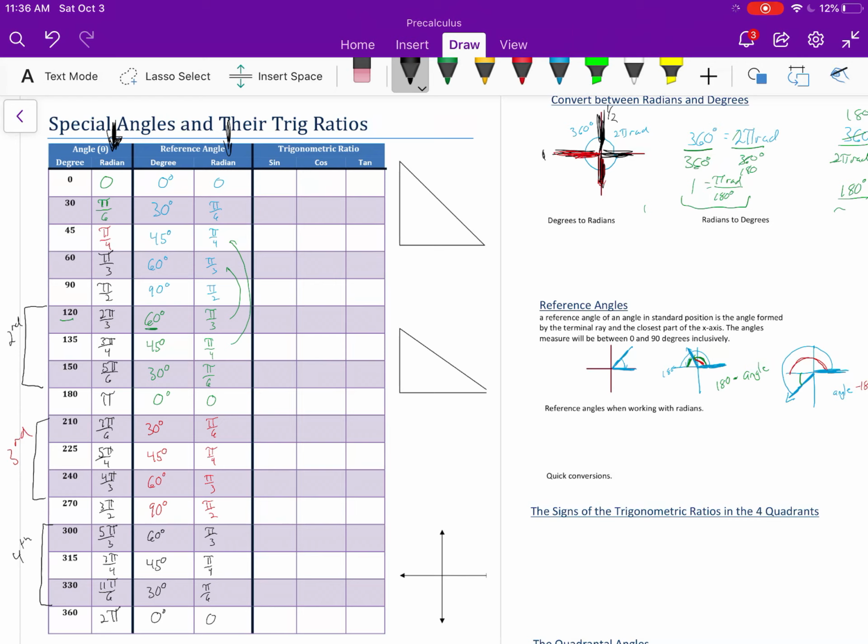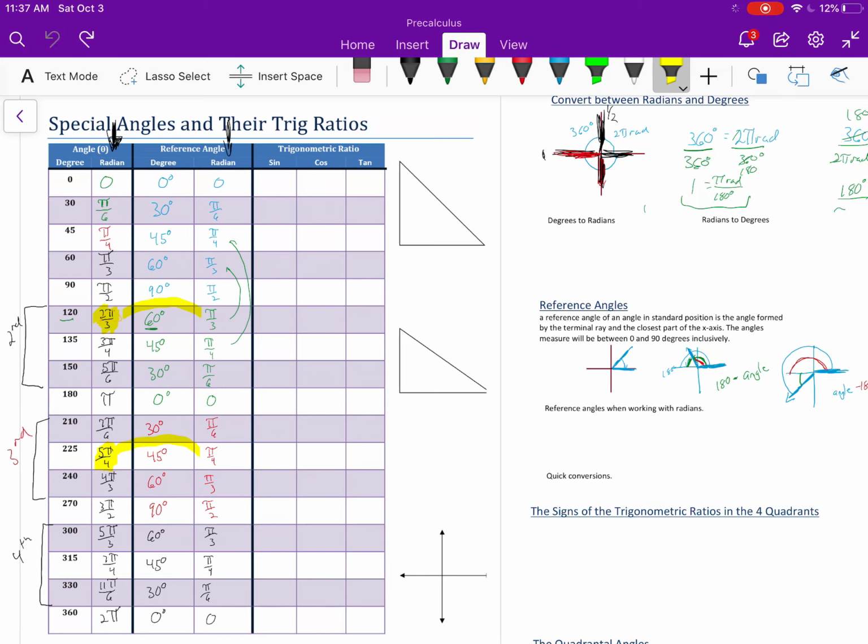So just looking individually at 2 pi over 3, looking over at its reference angle, it's just pi over 3. Let's pick another one. 5 pi over 4, the reference angle is pi over 4. So it's just pi over the denominator, as long as it's reduced. If an angle in radians is reduced and still has the pi in it, then the reference angle is going to be pi over whatever the denominator is.